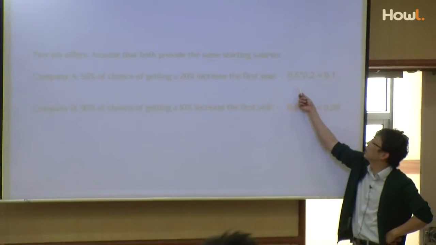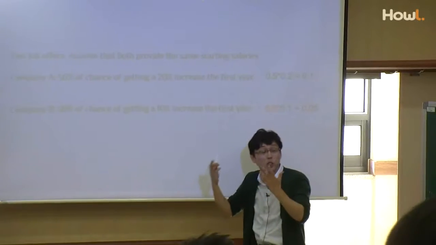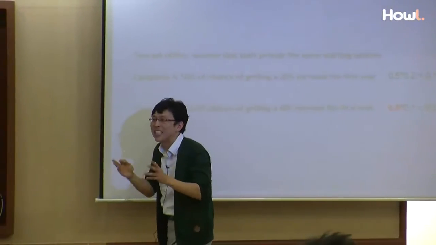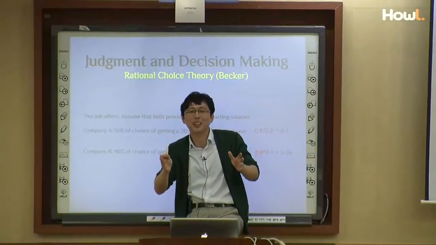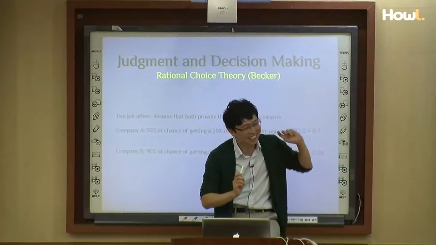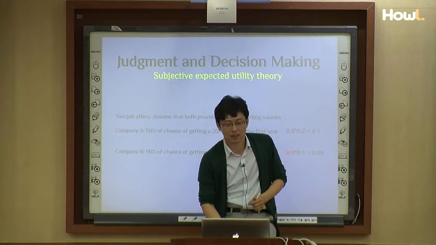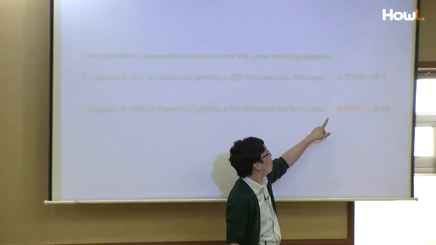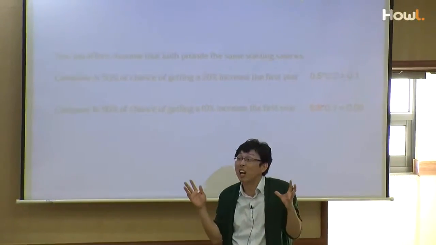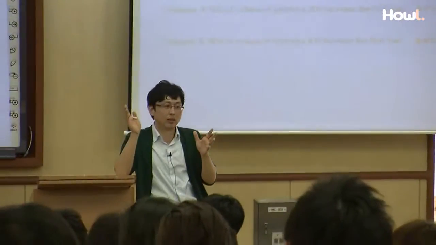This one is objective probability, like 0.1, 0.09, which Professor Bear taught you, but I'm teaching in different ways. We have subjective probability.